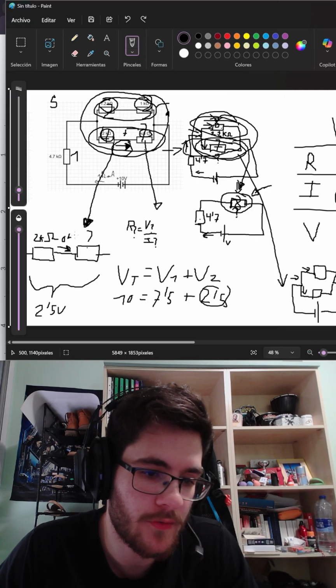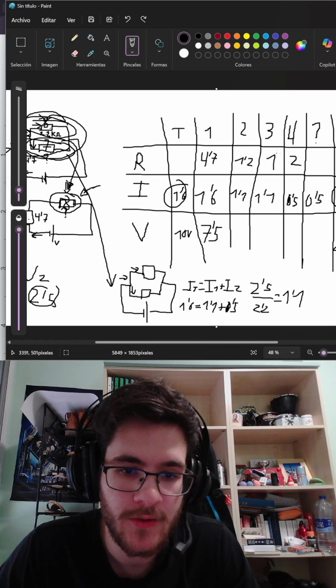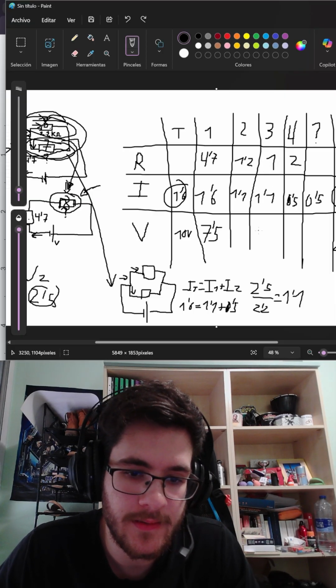So now we can calculate, for example, the voltage of resistance 3. The voltage of resistance 3 will be 1 multiplied by 1.1, and this is 1.1.